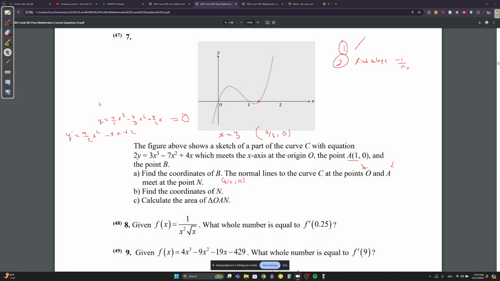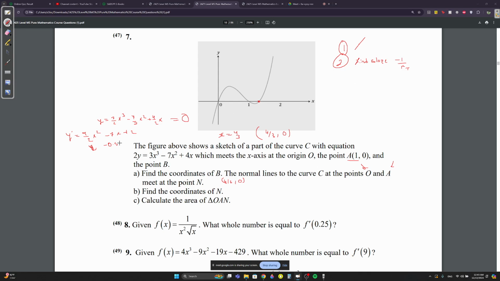We substitute 1: 9 over 2 is 4.5, minus 7 is minus 2.5, plus 2 gives minus 0.5.